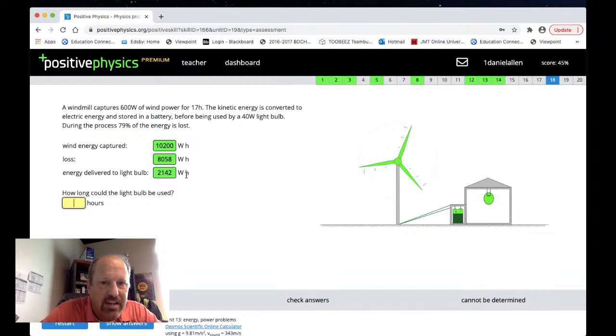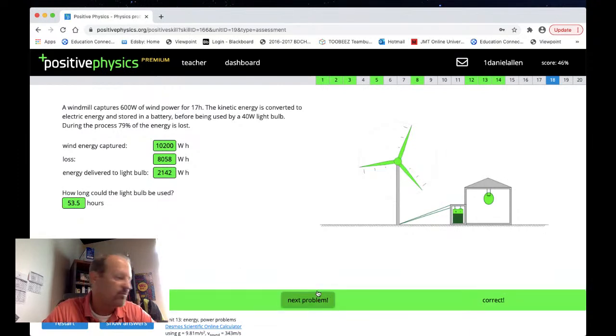So if we take that divided by 40 watts, 2142 divided by 40 watts is 53.6 hours. And we'll double check that. Yeah, 53.55 is what I got, but that's all right.